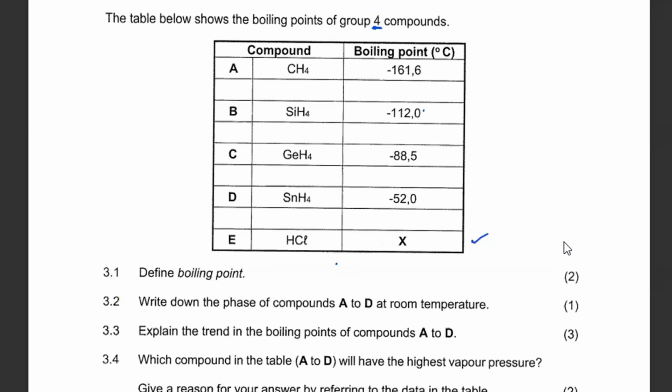When it comes to definition of terms, it is very important for you to master them because they carry valuable marks. To define boiling point, we always start with the temperature. If you omit the part that says the temperature, you're going to lose your marks.